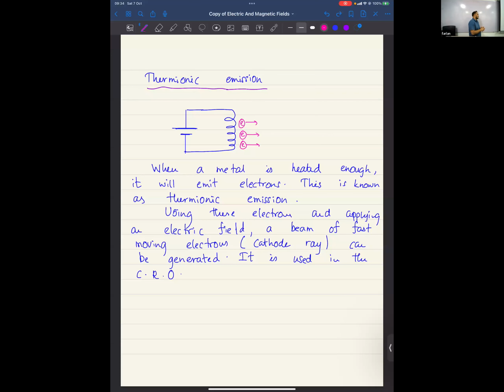A beam of fast moving electrons, you call it a cathode ray. Full stop. It is used in the CRO. What is CRO? Cathode ray oscilloscope. It is used in the cathode ray oscilloscope.